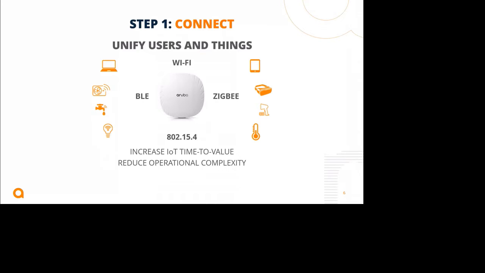And actually, in reality, there are about 300 different sorts of wireless technologies which are used by IoT devices to connect to the network. So with our Wi-Fi 6, so the AX standard access points, we actually want to evolve from just a Wi-Fi connectivity platform to an IoT connectivity platform.